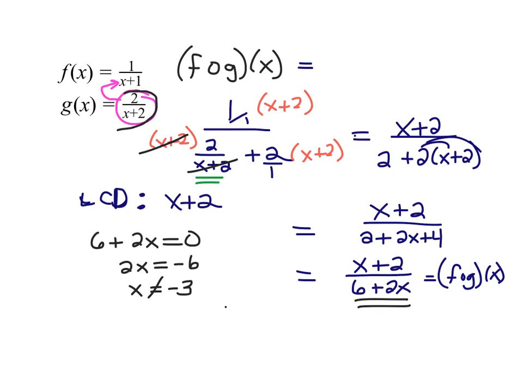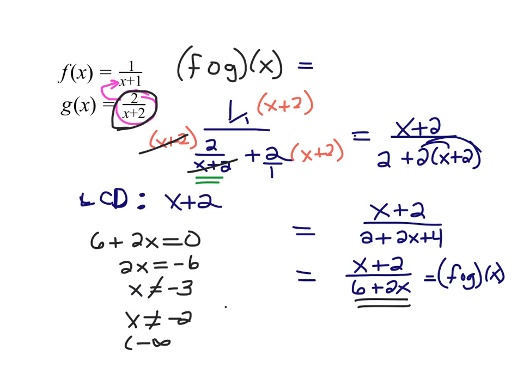So g in this case was 2 over x plus 2. So that actually is a reciprocal function. So in this case, x can't be negative 2 as well, because negative 2 plus 2 equals 0. So you're always checking your final composition, but you also have to check the function that you plugged into the other, because if it's undefined, you can't plug an undefined value into another function. So the domain can't be negative 3 or negative 2.